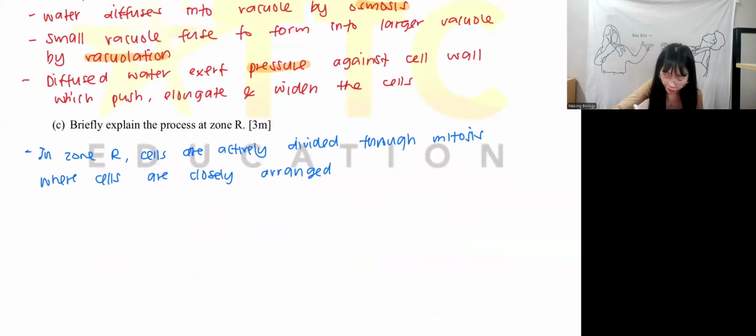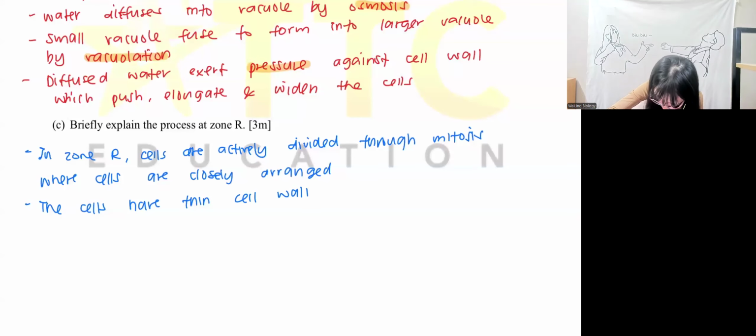Next, the cell has thin cell wall, large nucleus, dense cytoplasm, and small vacuole.